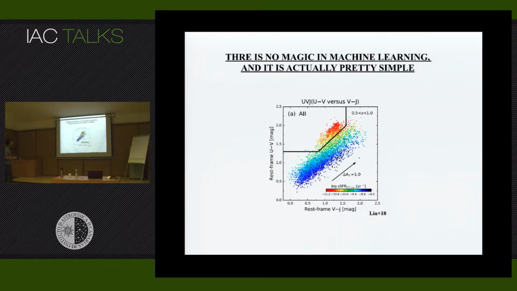I'm showing here, for extragalactic astronomers this is obvious, a UVJ diagram. But basically it's a color plot that we do in many different fields of astronomy. Every point here is a galaxy, and it's color-coded by the specific star formation rate, so the amount of stars that you form. And you see that these objects over here have low specific star formation rate, which we call quiescent galaxies, passive galaxies that don't form stars, and star-forming galaxies lie over here.